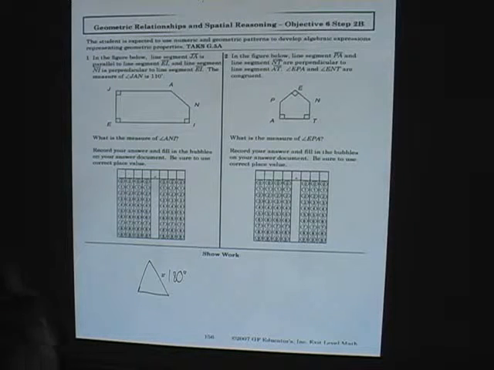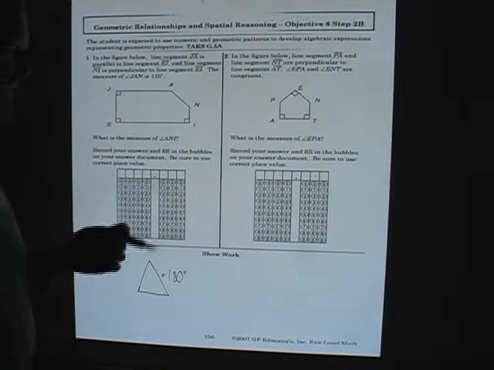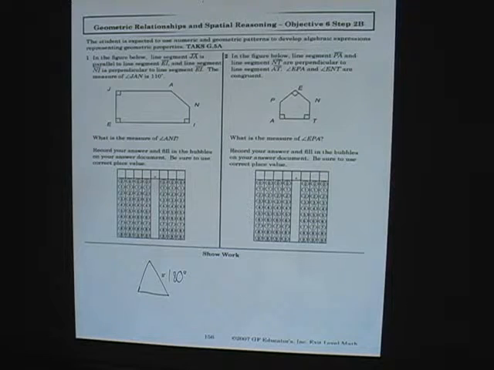Okay? And you really need to understand that. I mean, that's something you just need to memorize. A triangle, the sum of the angles equals 180 degrees. And we're going to use that idea in this lesson quite a bit, so make sure you understand that.